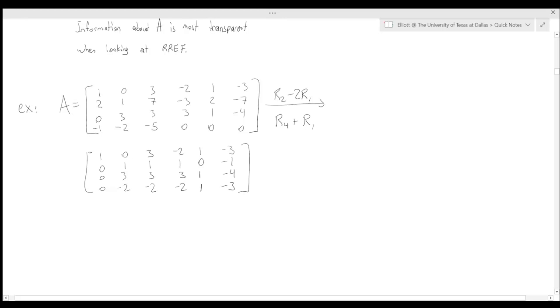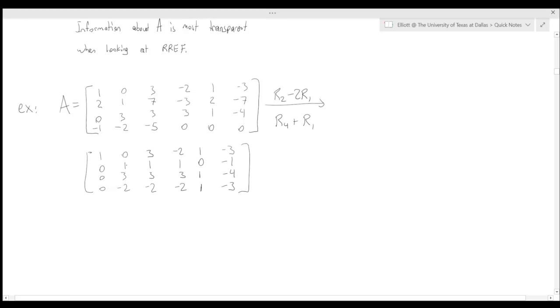Okay, let's see here. All right, so then next, we have our next pivot over here. So for the reduced row echelon form, we want to get zeros above and below it. So fortunately here, we already have a 0 on top.